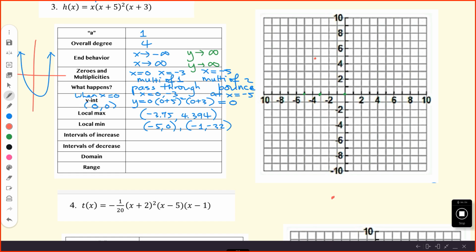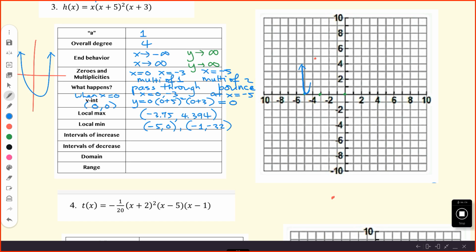Okay. So again, we're going to start from the top, right? We start from the top because both ends go up. It rises. And then because at negative 5 the graph bounces at the 0, once you hit the 0, you did not pass through, but you go back up. That's a bounce.